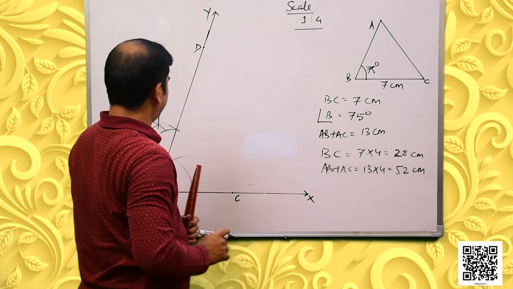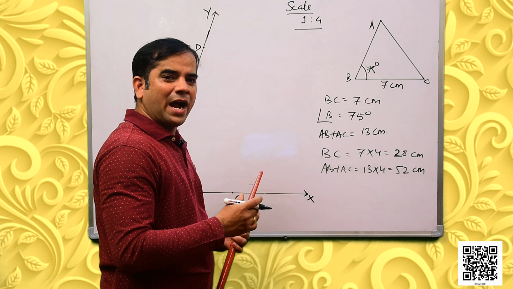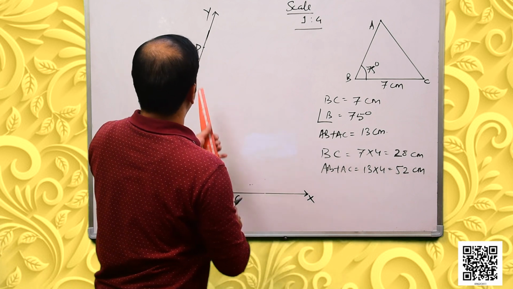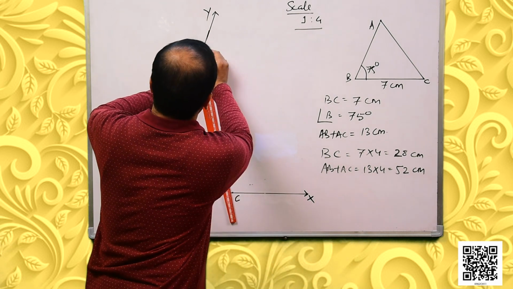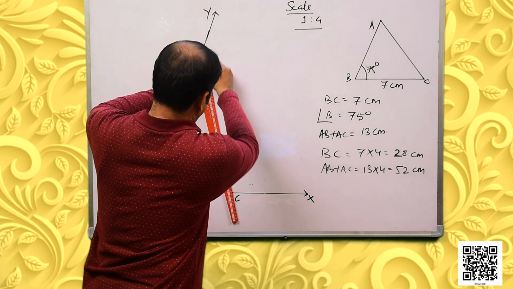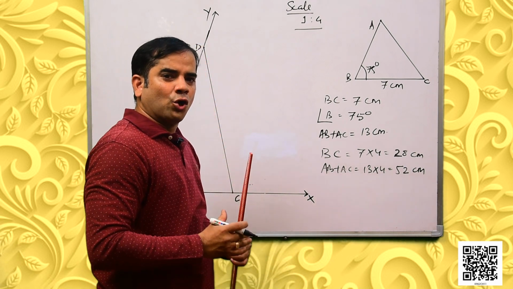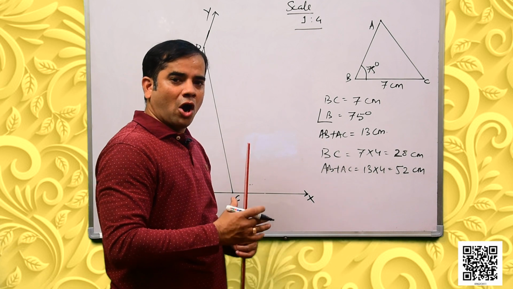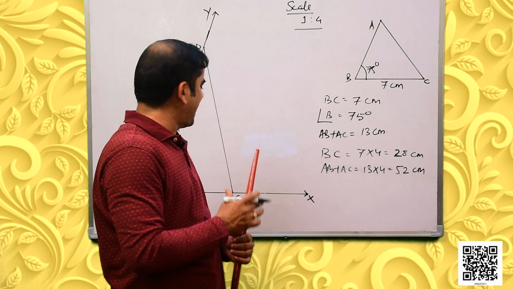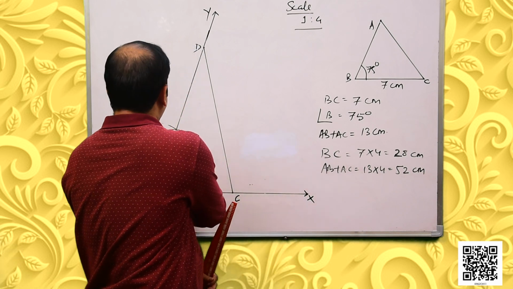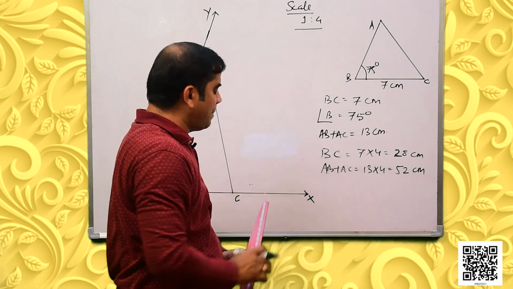This is point D. Now we have to join D and C. Then we need to draw the perpendicular bisector of CD which meets BD at A.